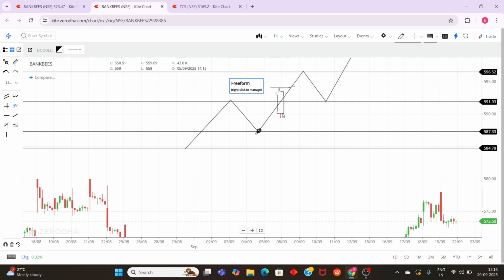Once you get the confirmation candle, mark the high of that candle and take a buy trade. Keep the stop loss at the previous low as discussed earlier. This should be the SL, and you can aim for the 1:1 risk reward. Okay, I hope it's clear.